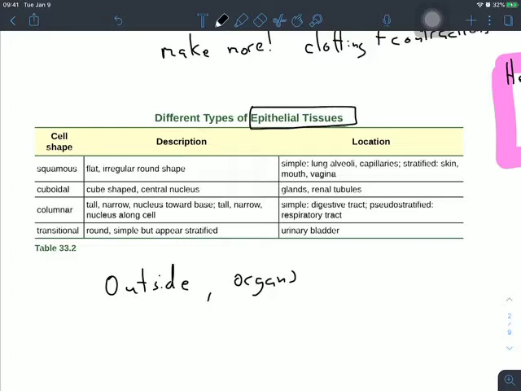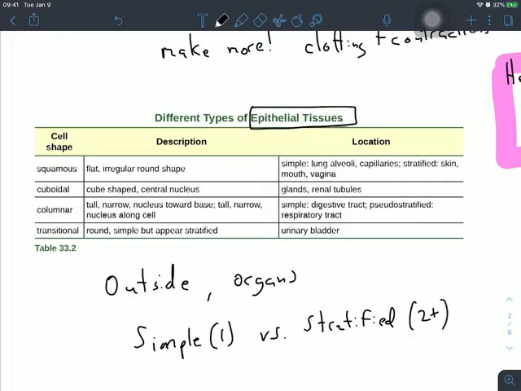Epithelial tissues can be defined as either simple, meaning that they are 1 layer thick, or stratified, where they are multiple layers thick.